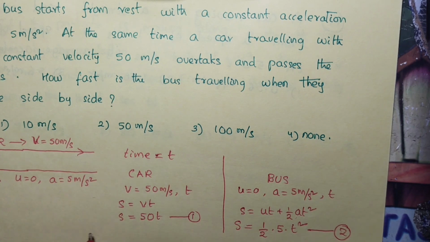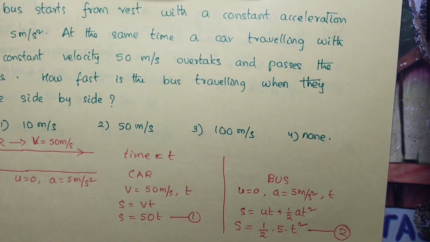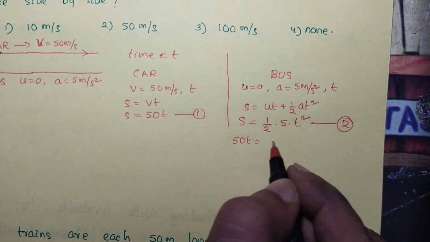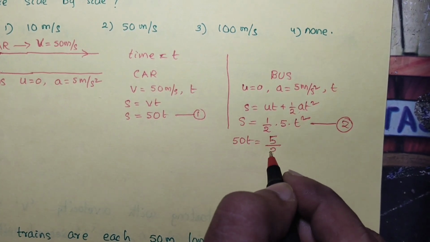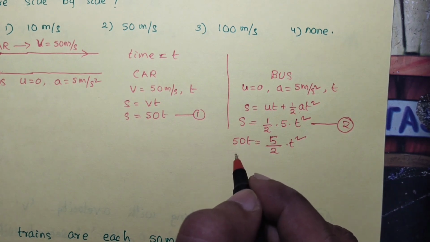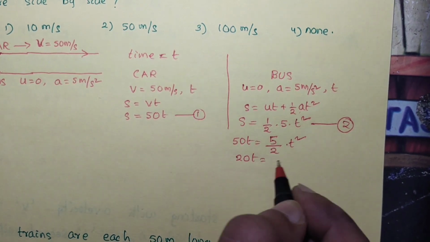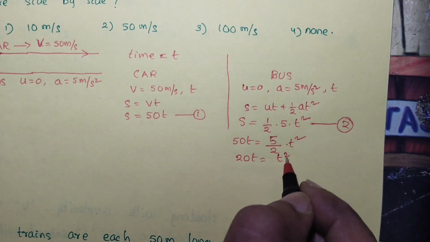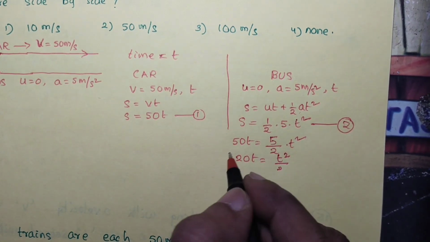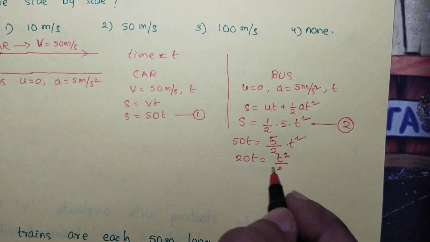By solving equations 1 and 2, substitute this value: 50t is equal to 5 by 2 t square. So 10 twos are 20, t is equal to t square by 2. 20 is equal to t square.